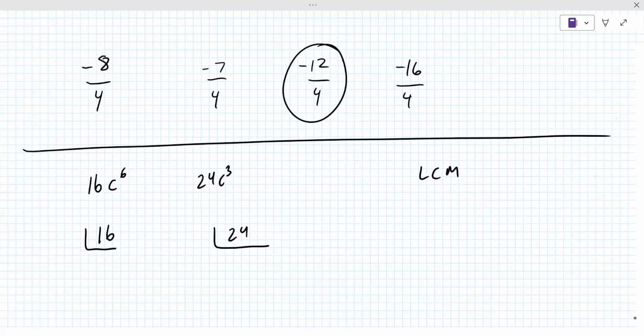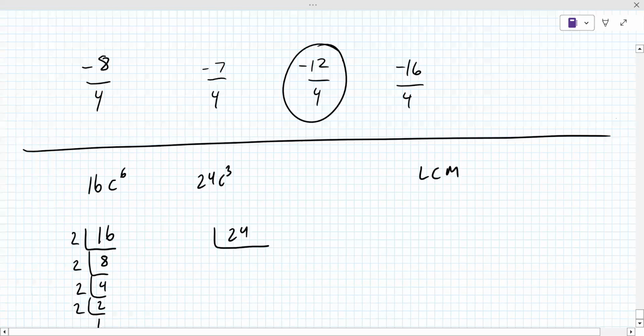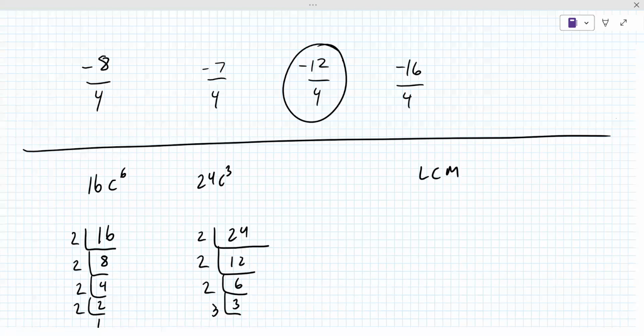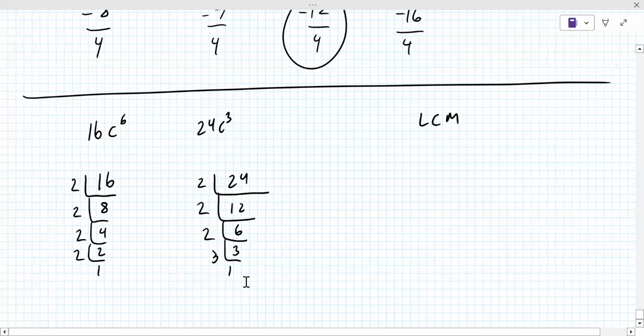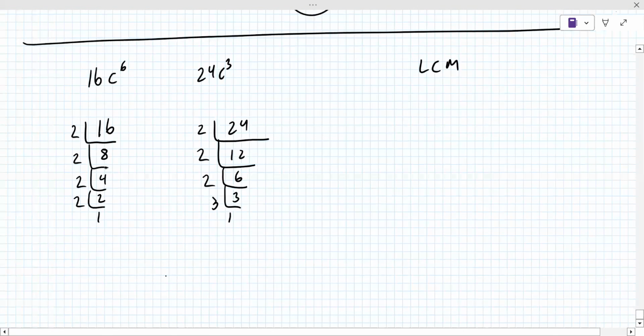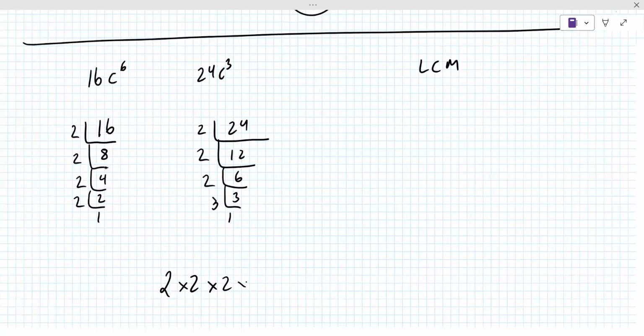of each, and we'll get to the variables. So 2 and 8, 2 and 4, 2 and 2, 2 and 1. And then you do the same thing for 24, 2 and 12, 6, 3 and 1. And then you just start with the smallest one. So the smallest one is 2 times 2 times 2 times 2.